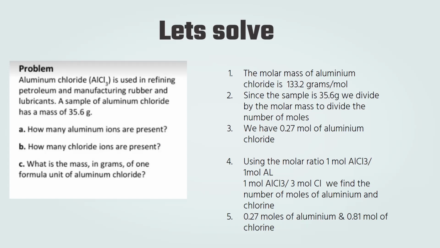Since there's 1 mole of aluminum per mole of aluminum chloride, we can conclude that there is 0.27 moles of aluminum. And since there's 3 moles of chlorine, just multiply 0.27 times 3 and you get 0.81 moles of chlorine. Does that make sense? Okay, now let's move on.